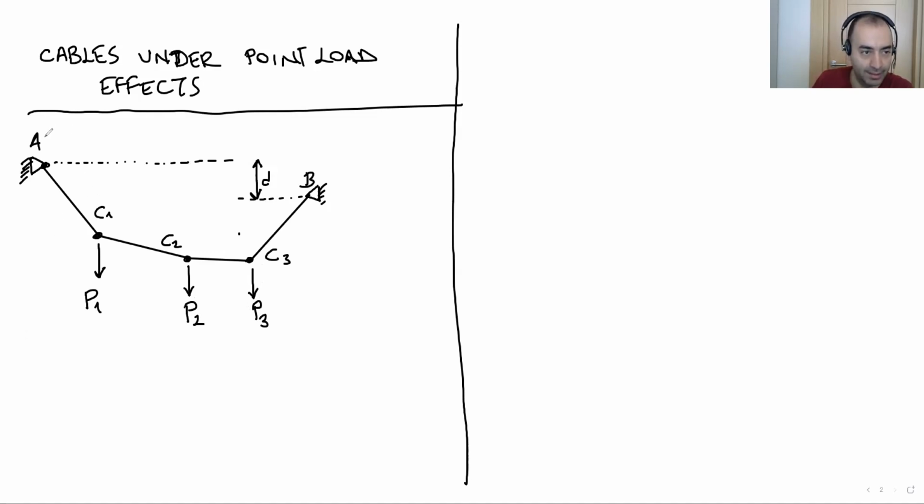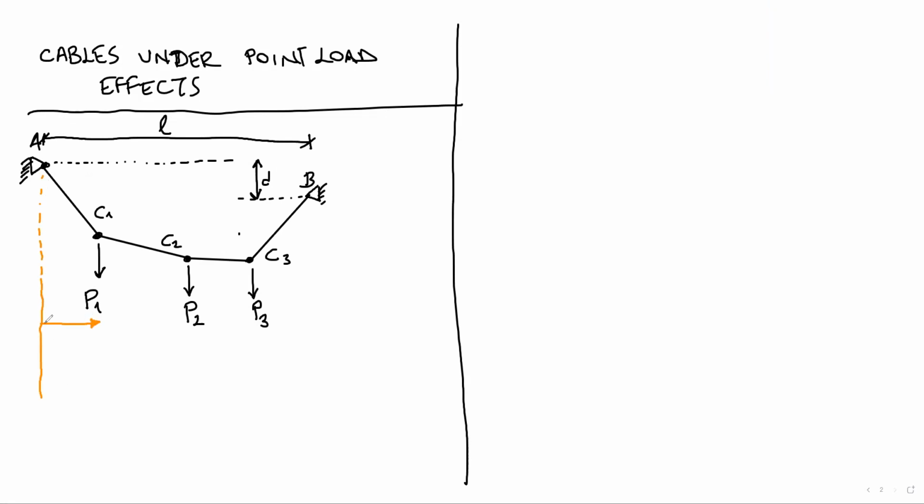If the span between the supports is L, and if we change color, the distance of this point load from point A is x1, here is x2, x3.